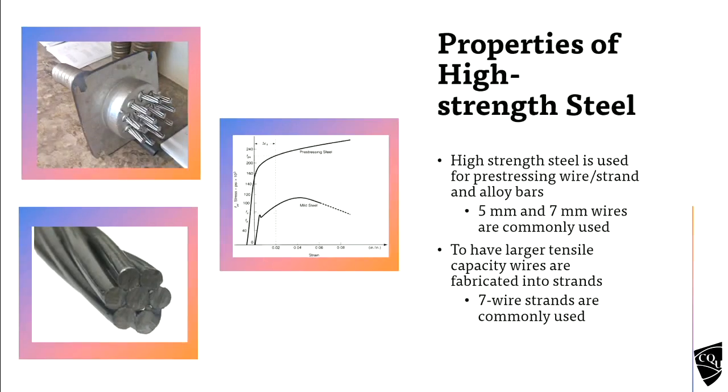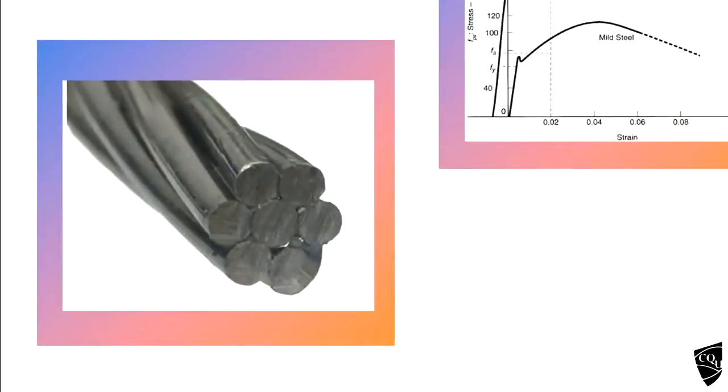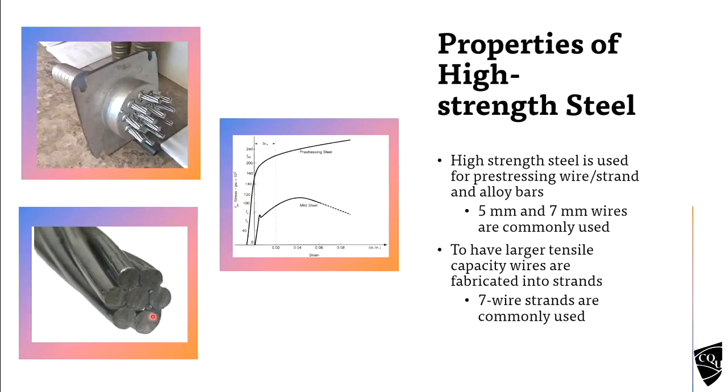If you look at this one, you can see there are 7 wires. They are twisted, you can see the twisting. So we have 7 wires made into one strand. So this is called a strand.